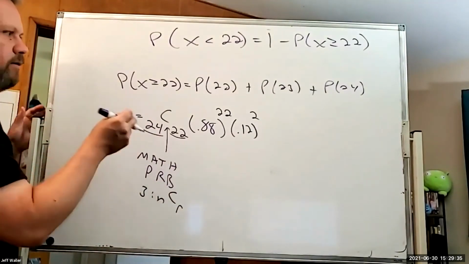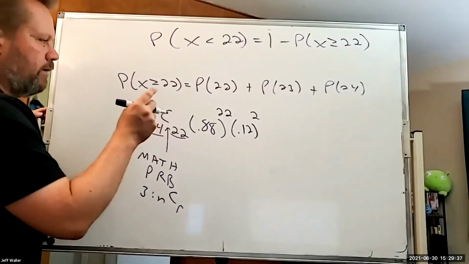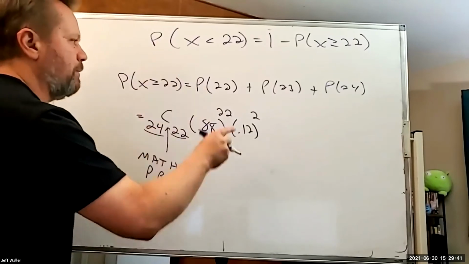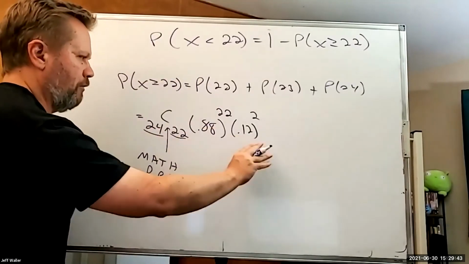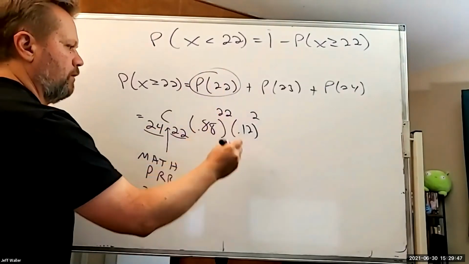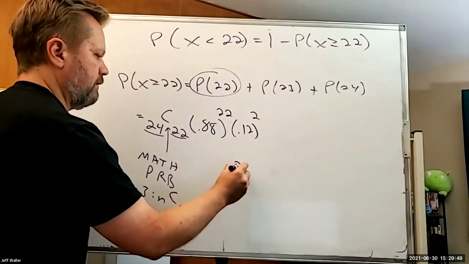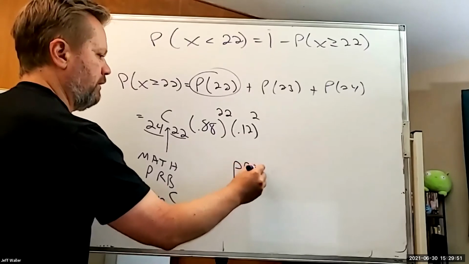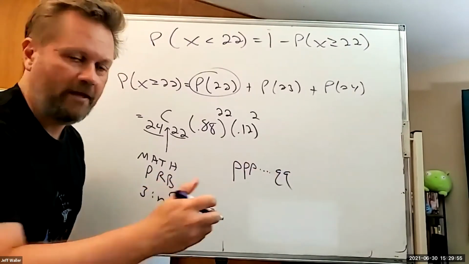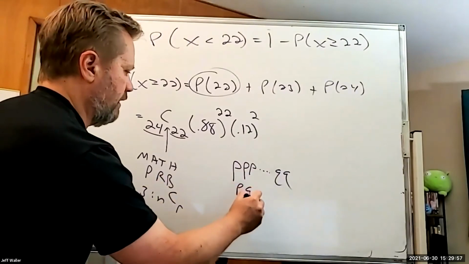It's so vital to remember where formulas came from. If I want 22 successes, remember P is success, so wouldn't I have 22 P's and 2 Q's? And then it's all about how many ways I can order this.